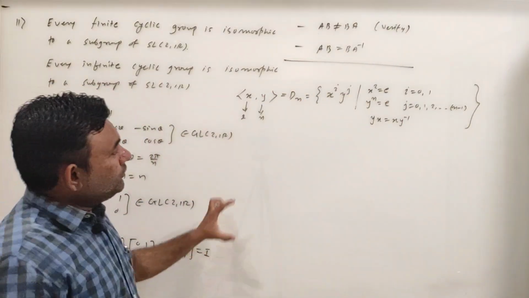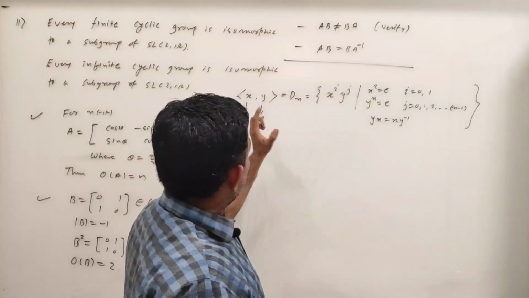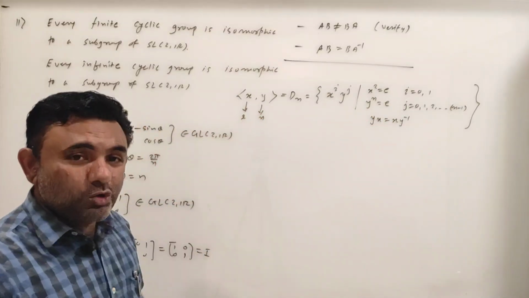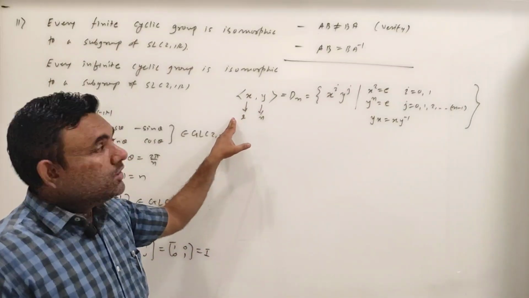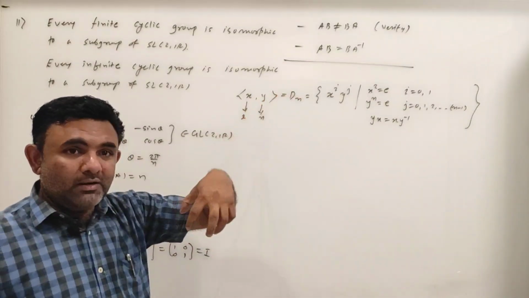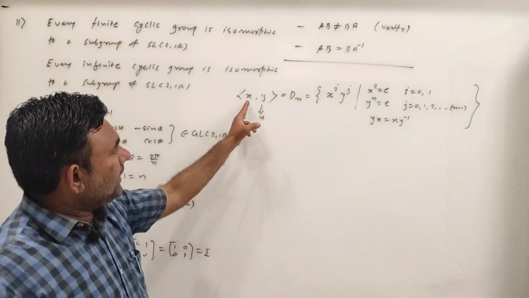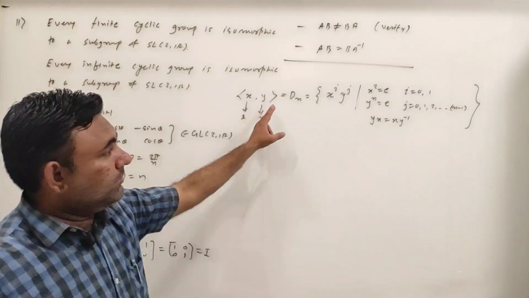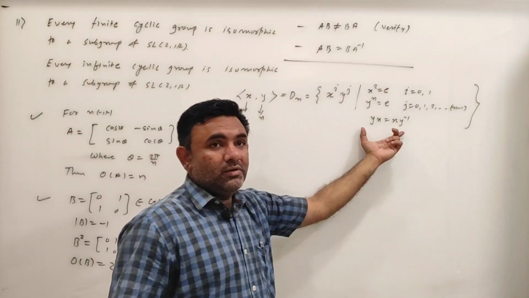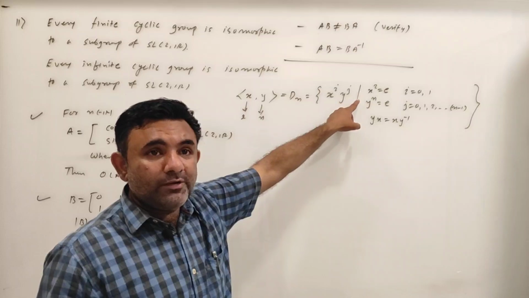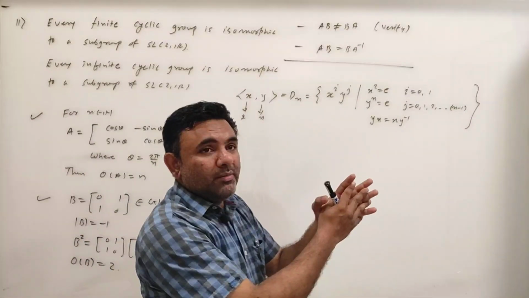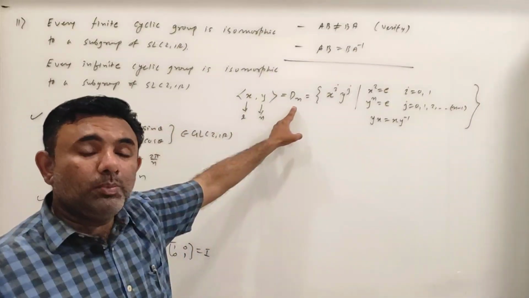So if you consider any element of order 2 in any group, and a second element of order n, and if x and y have this relation, then you just consider x raised to i and y raised to j, and you collect this type of element, then it will give you a group like Dn.